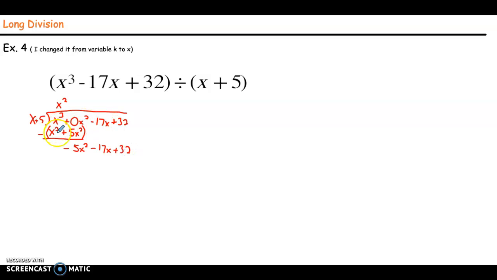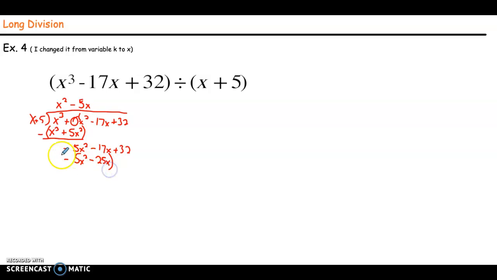And we repeat. We look at our first terms, x times something to get us our first term of negative 5x squared. So that's going to be a minus 5x. All right, repeat the process. Negative 5x times our entire divisor. So negative 5x squared minus 25x.